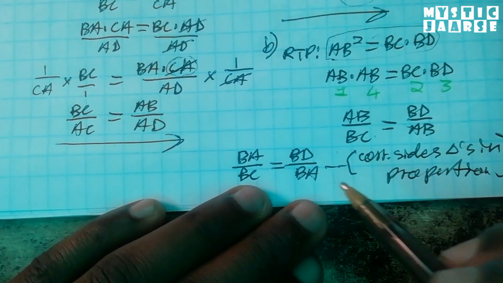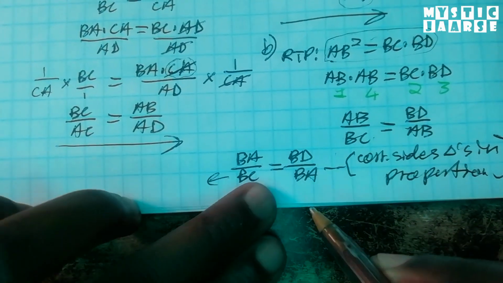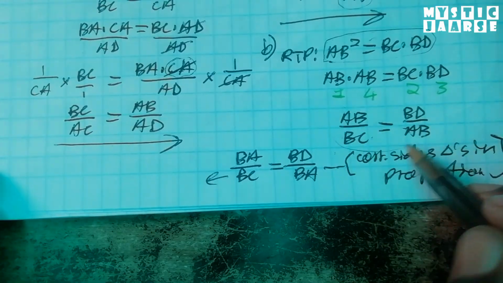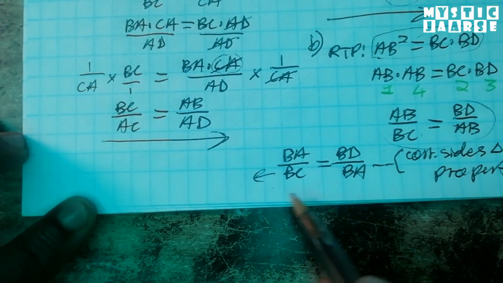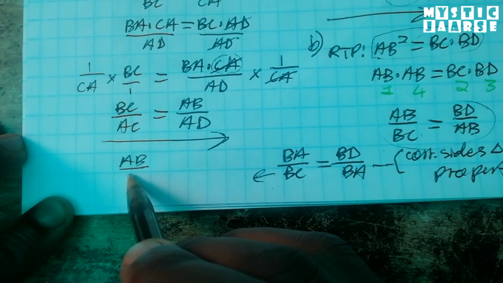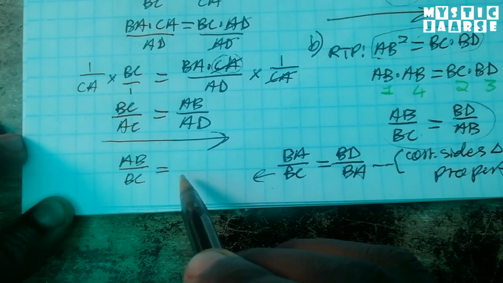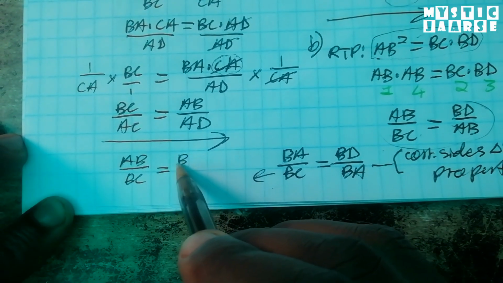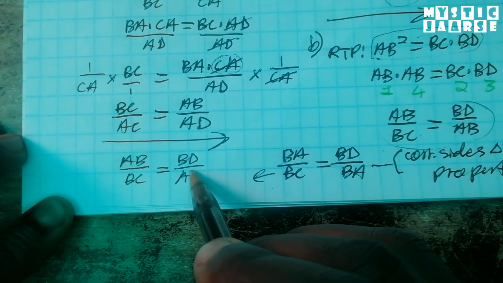So now we just need to rearrange this so that it resembles what they asked us to prove. So we are going to have AB divided by BC is proportional to BD divided by AB.